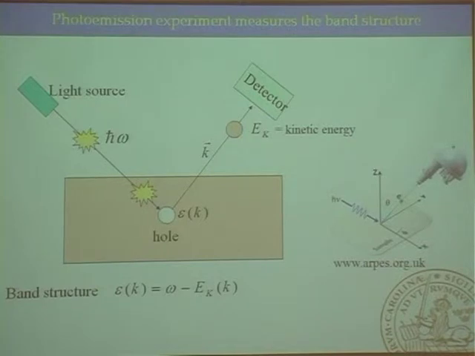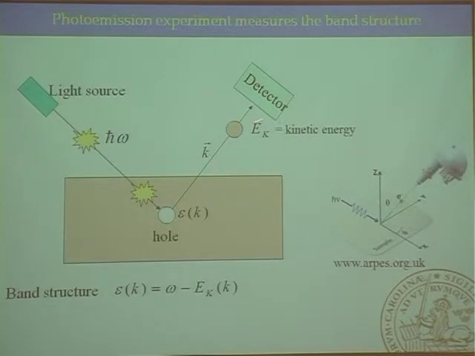So this is just a sketch of the photoemission experiment, because we are talking about band structure. What we measure here is the binding energy of an electron in the solid. Basically, we have light coming in, and an electron is kicked out from the sample.